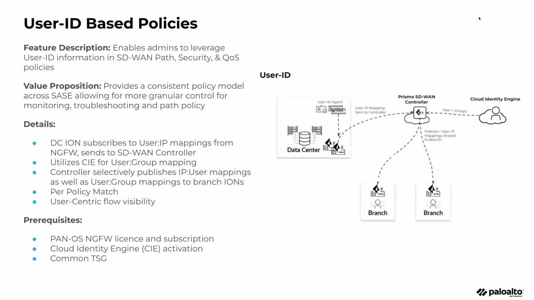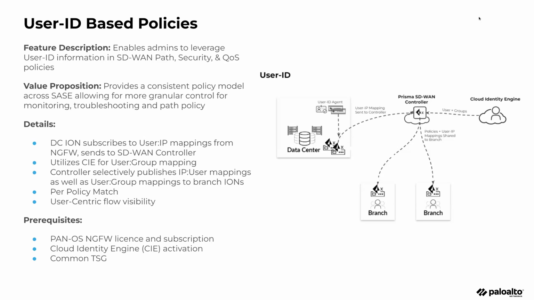One is for user to IP mappings. We rely upon one or more NGFWs to supply that information into the SD-WAN fabric. So we will get that information from an NGFW location, pull that in, and then distribute that out intelligently to all of the different branch nodes that need to consume that.